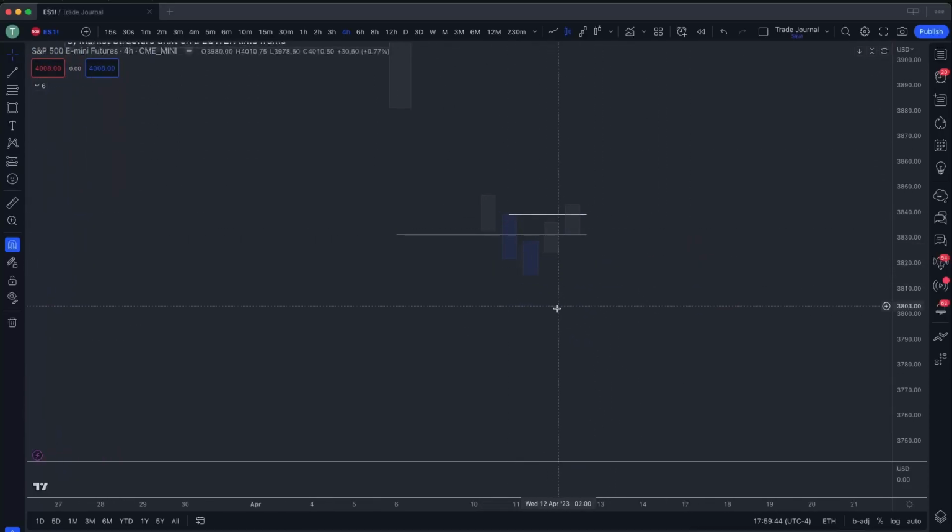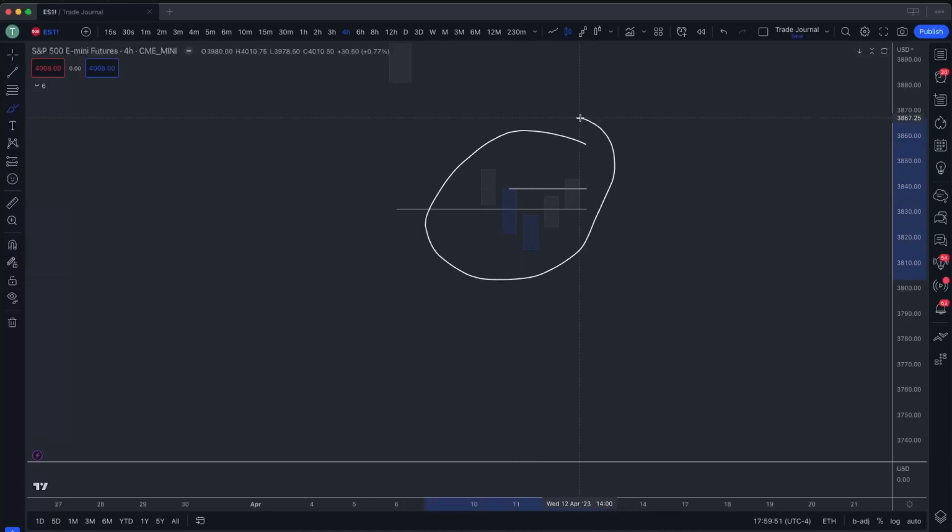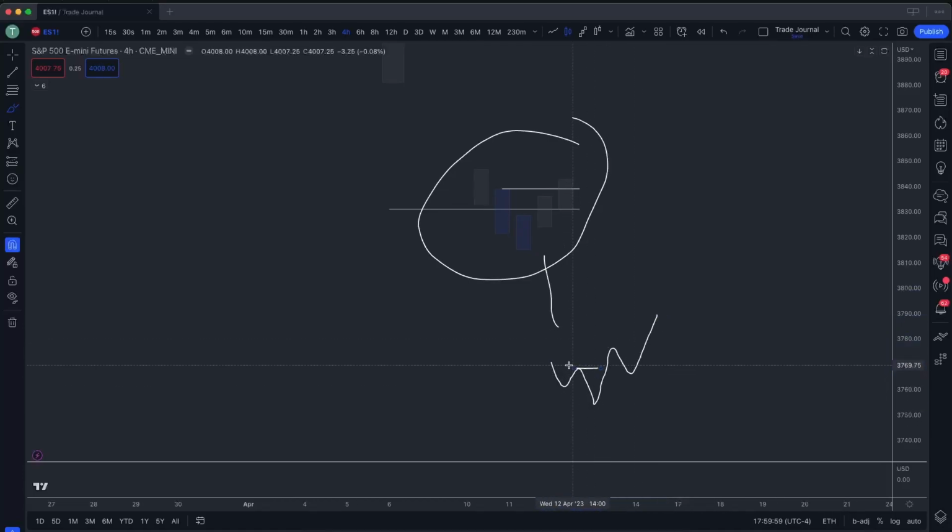Then on a lower time frame, maybe an hourly or a 30-minute chart, you will see this looks a little bit more defined as something like this, where basically a short-term high will be taken out with hopefully some sort of imbalance here, and then price can trade back into it, and then you can essentially refine your entry like this.